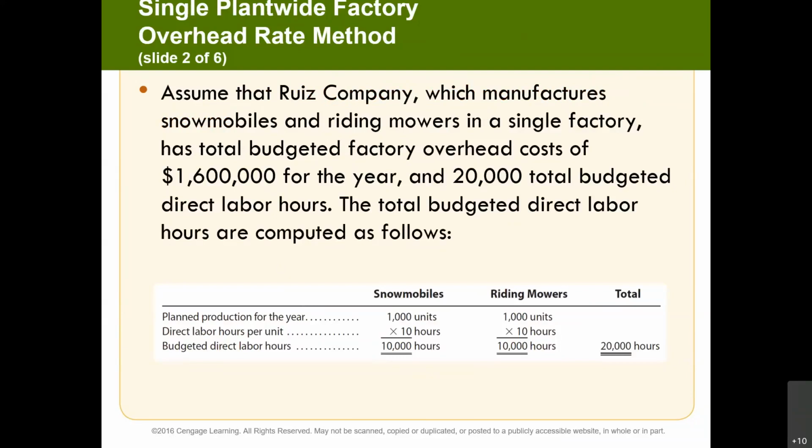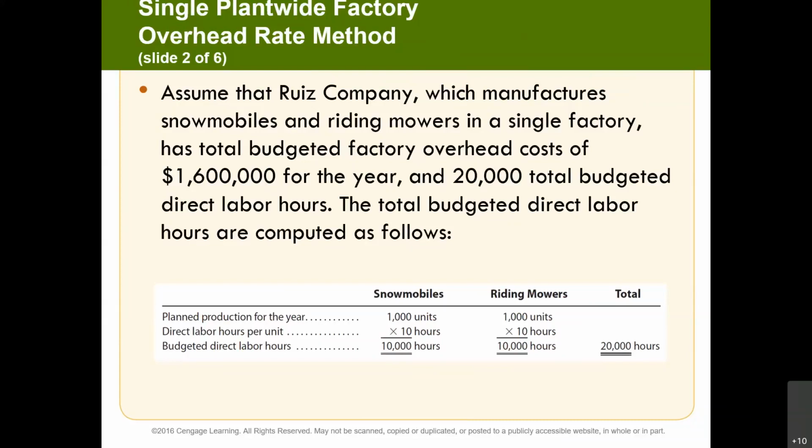The factory overhead has a total budget of $1.6 million for the year. The company has also budgeted for 20,000 direct labor hours. Okay, so here's how the company has budgeted the labor hours for each product being produced.